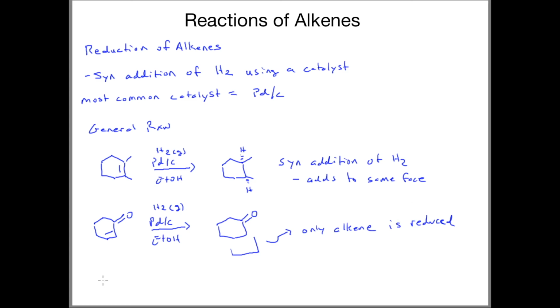Likewise, we can do another example where we have an aromatic compound which looks like this. This would be a benzene, and then we're going to attach some groups to it, and you can see now that we have an alkene in the middle.